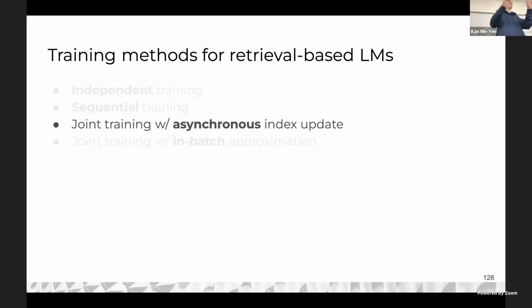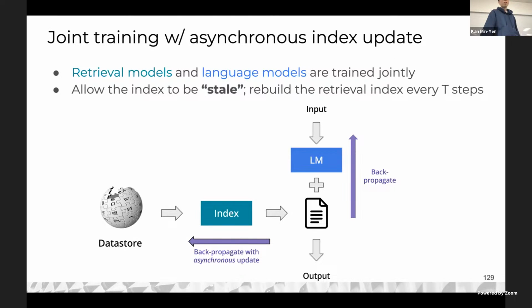There are in general two approaches for how to do this. The first one is asynchronous index updates. Essentially, we allow the index to be stale, or outdated, for a while as we update the encoders for the language models. It is only stale for a certain period of time, defined by T, a refresh rate or frequency.